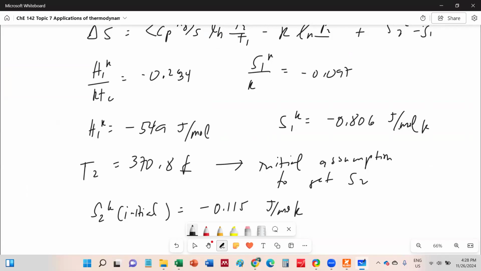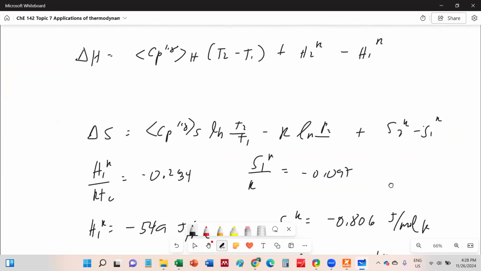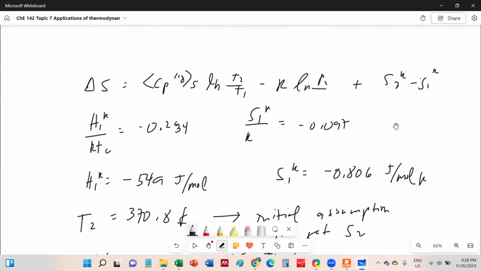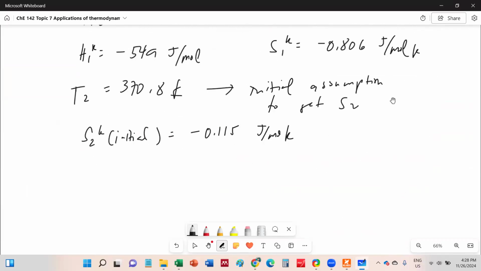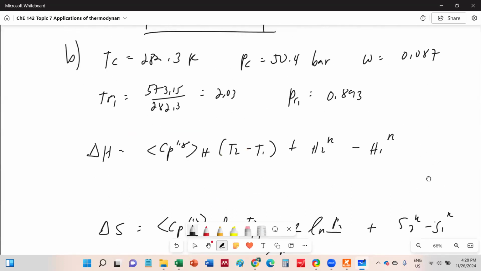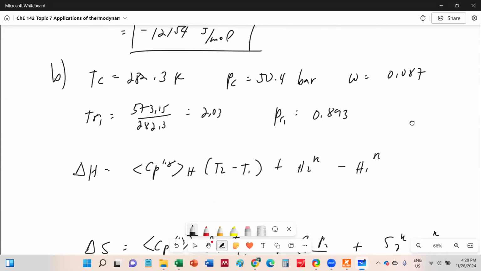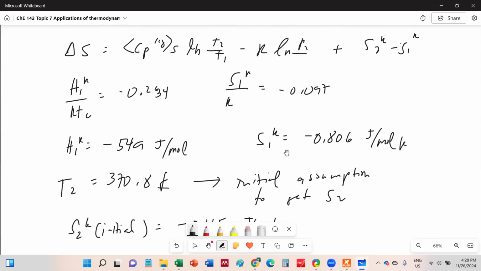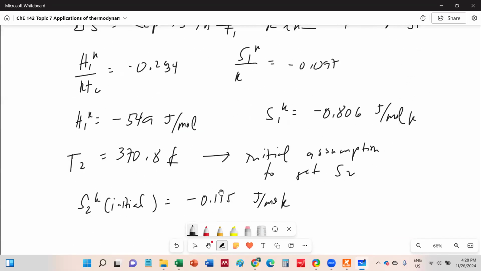Now what do we do next? Since this is an isentropic expansion, we need delta S to find T2. So we have S1R, which we already obtained here, and for S2, we have an initial guess.